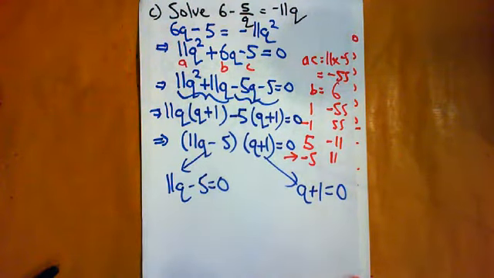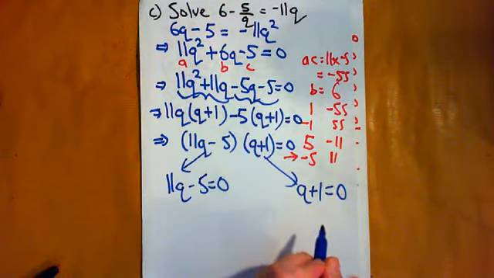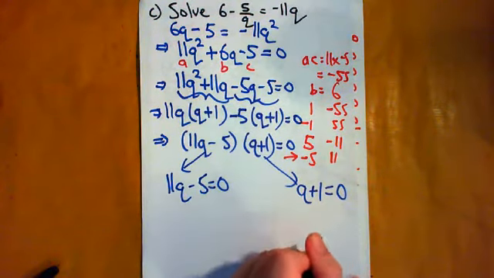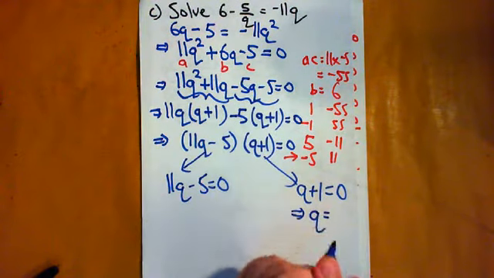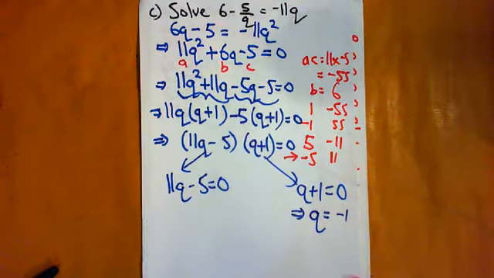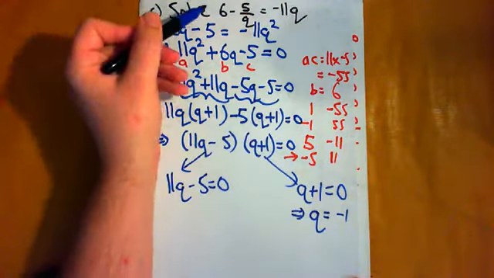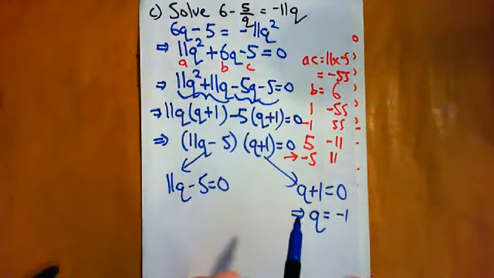So this would be the easiest one to solve. All we need to do to get q on its own is to move the plus 1. So we get q is negative 1 as a solution. And let's check that one. So if q is negative 1, then we get a left-hand side back in the original question of 6 minus 5 over negative 1.